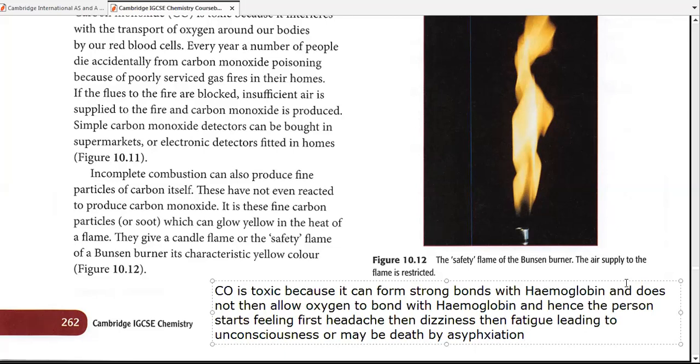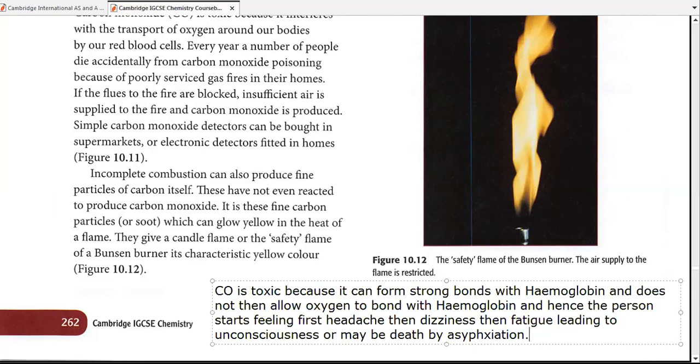Asphyxiation means death by not having enough oxygen or not being able to breathe enough oxygen. That person may require medical help. Whenever there are fires or smoke, people start coughing and are not able to breathe properly. If they're not given any medical help, this might lead to very serious consequences, as stated over here.